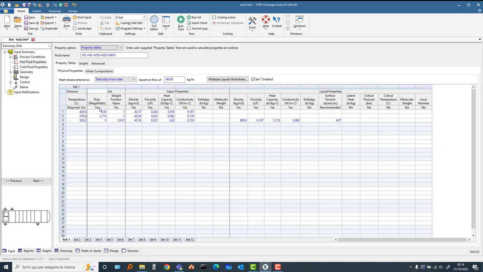So nothing to do with the single phase exchange, because here we have a change of phase, so it's difficult to distinguish between latent heat and real heat and sensible heat. The problem is that we simply need to know how the enthalpy, so the heat, varies, and how the quality varies.